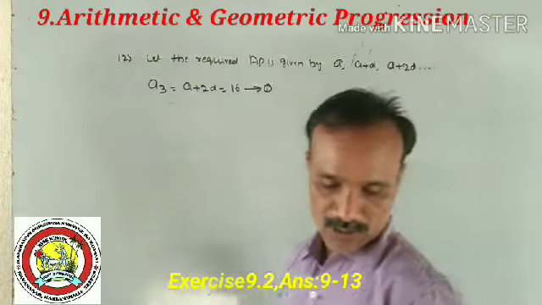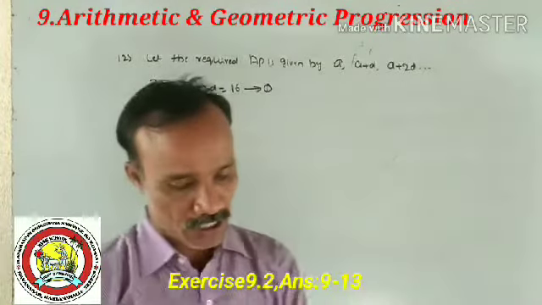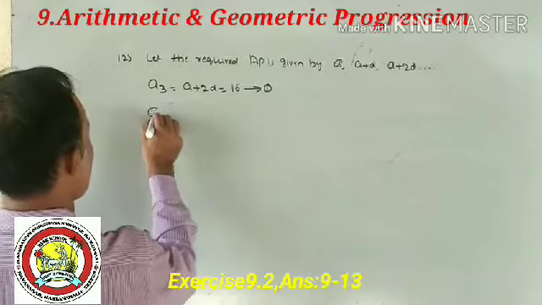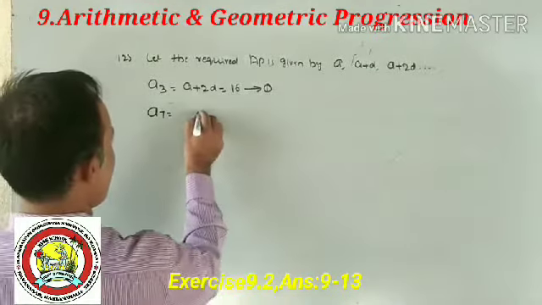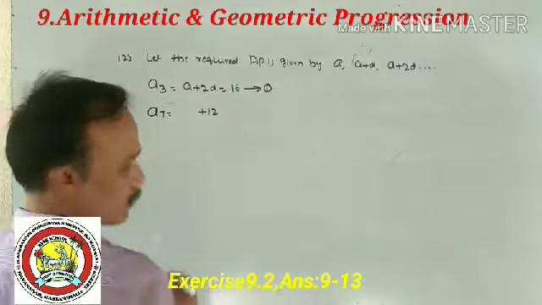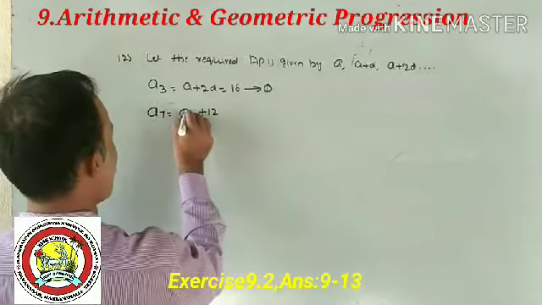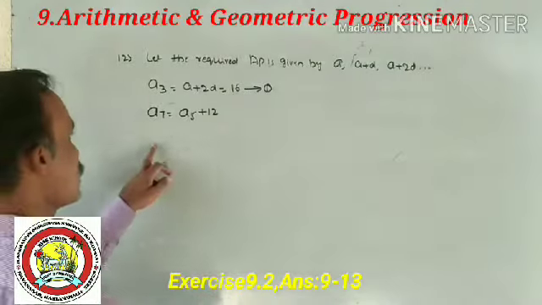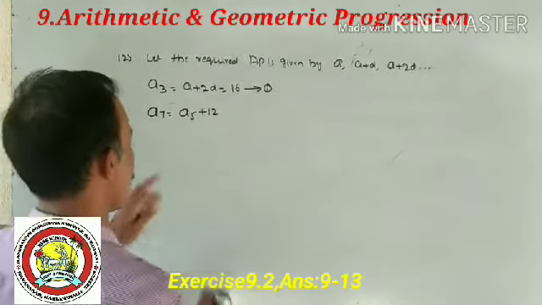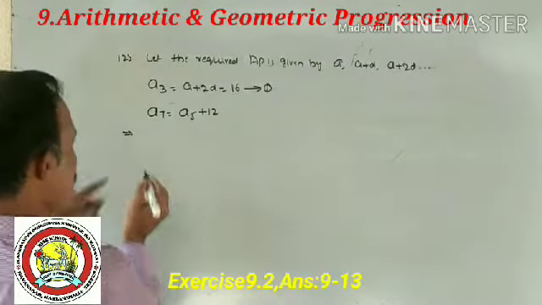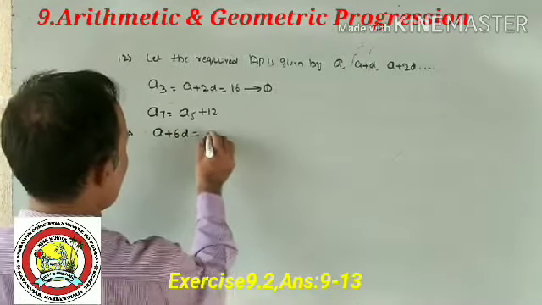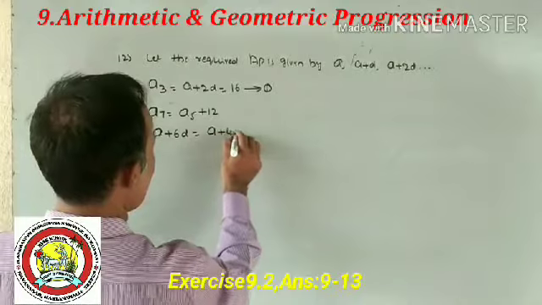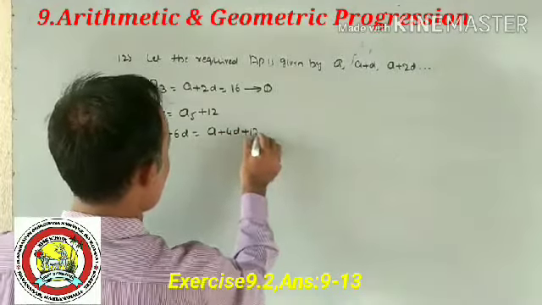And the seventh term exceeds the fifth term by 12. Seventh term A7 exceeds by 12 the fifth term, that is A5. So A7 is equal to A5 plus 12. Yes, by using this, A7 is A plus 6D, A5 is A plus 4D, plus 12.